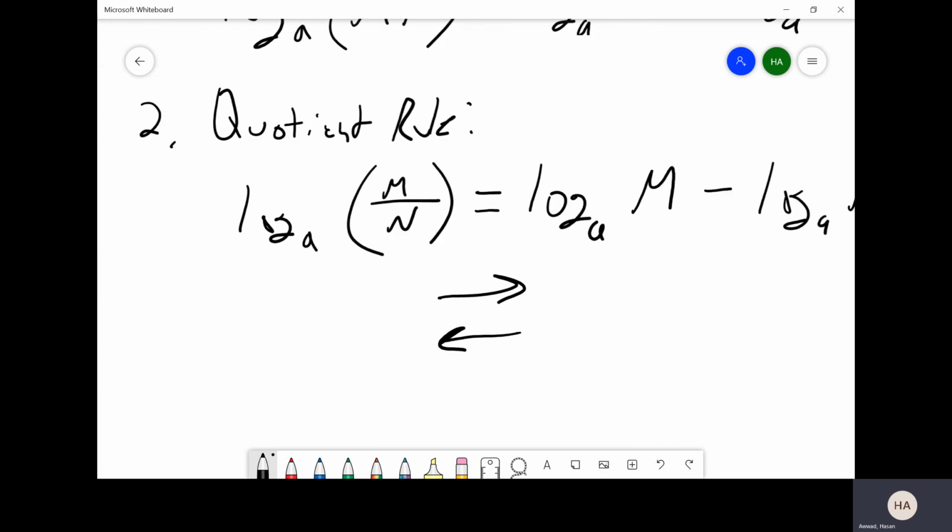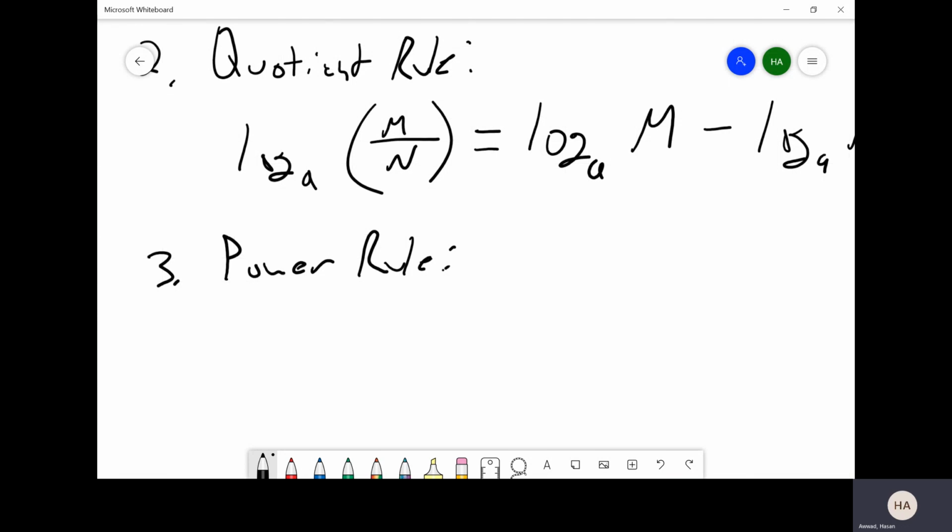Okay, in any event, again, understanding you can condense or expand using your quotient rule, same as you can with your product rule. And last but not least, there's one more rule here that we have to understand, and this is known as the power rule of logarithms. So what is the power rule of logarithms?